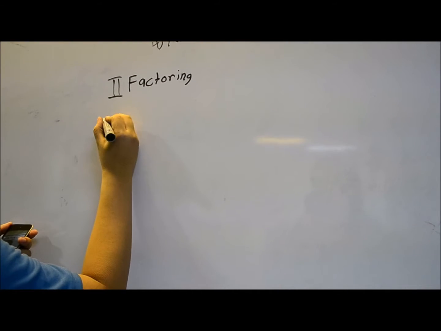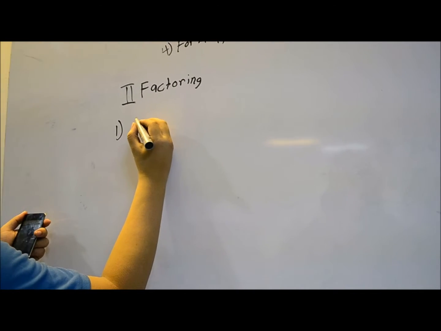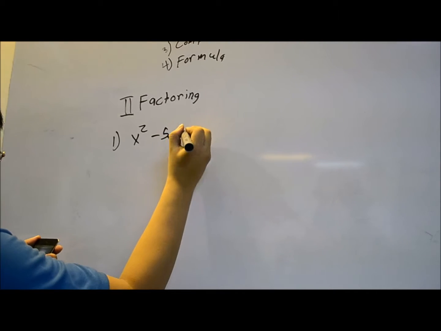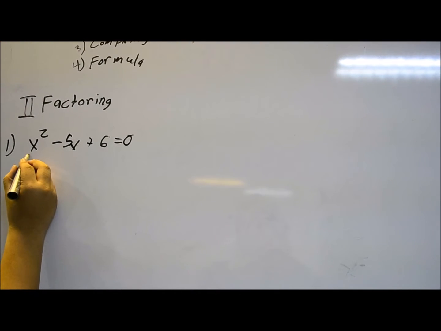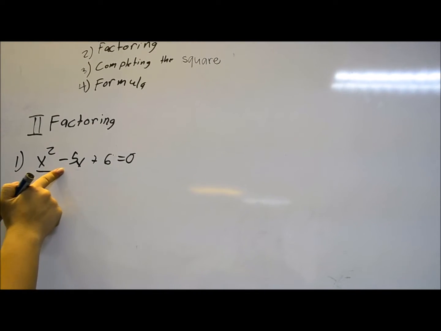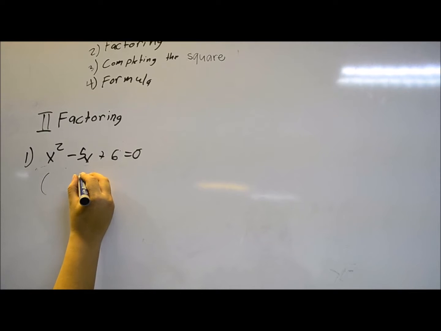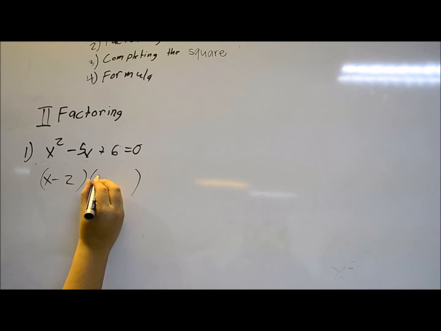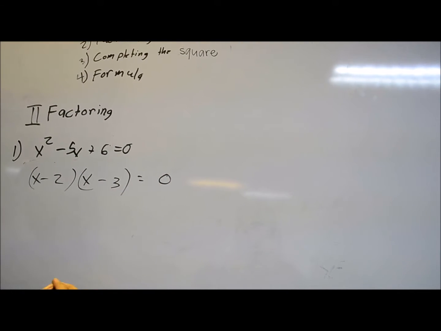Say for example, we are asked to find the roots of x squared minus 5x plus 6 equals 0. Notice that this is factorable. And so, what are the factors? x minus 2 and x minus 3 equals 0.